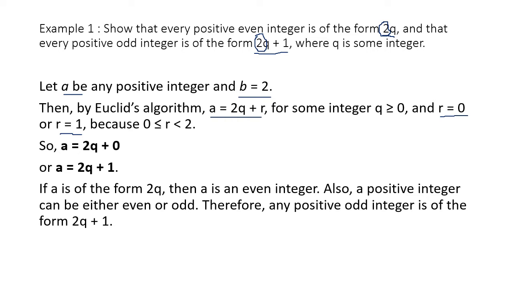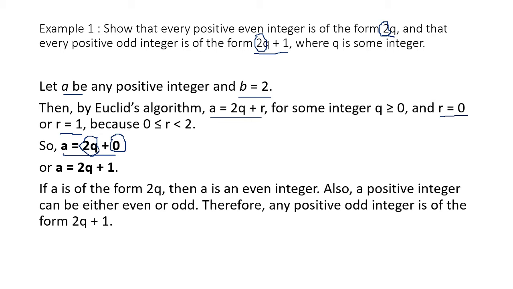Now when I write the number a as 2q plus 0, what does 2q plus 0 mean? When b is 2, when the number a is divided by 2, the remainder is 0. When the remainder is 0, it is an even number because all even numbers are multiples of 2.